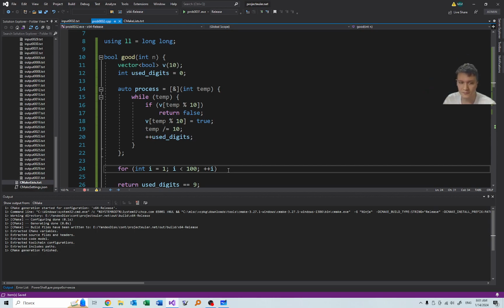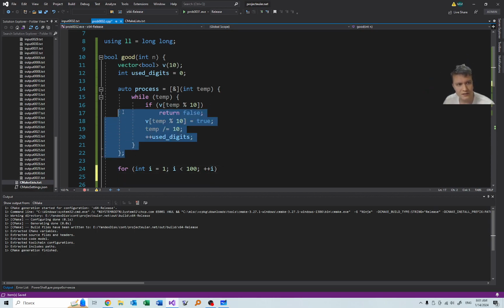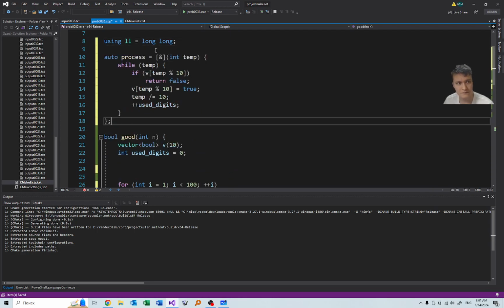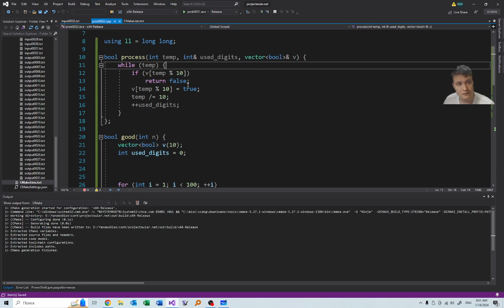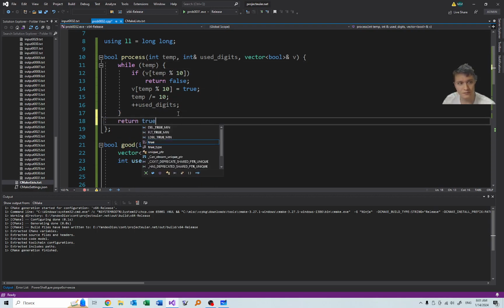Actually, let's make it a function. Bool process. It has an integer int temp, a reference to an integer used digits, and finally a vector of bools. And here it says return true.